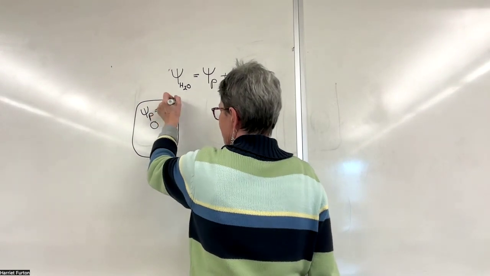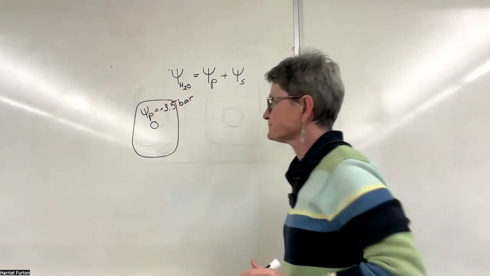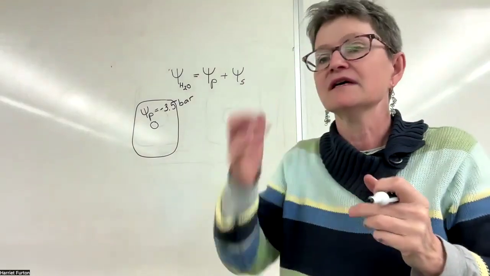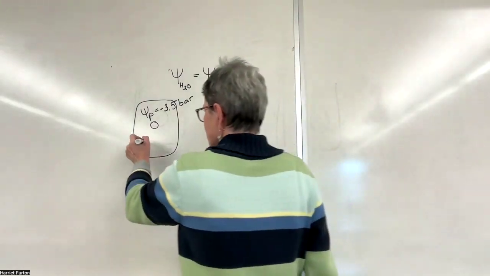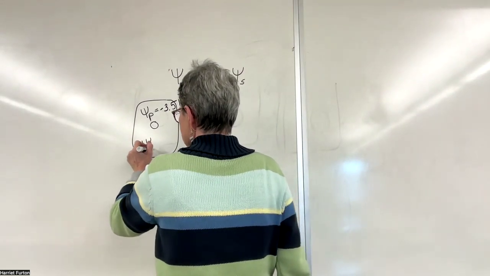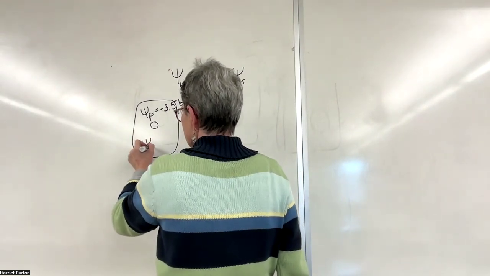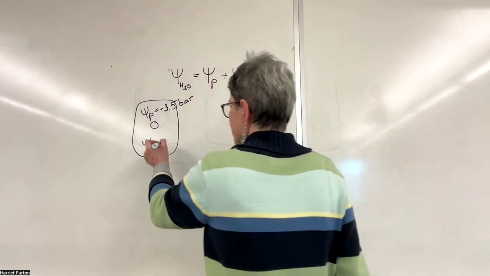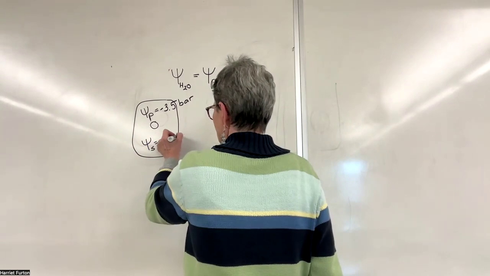I came up with the number, bars. This is a pressure that builds up inside of the cell. And based on the solutes in the cell, the solute potential is going to be minus 2 bars.